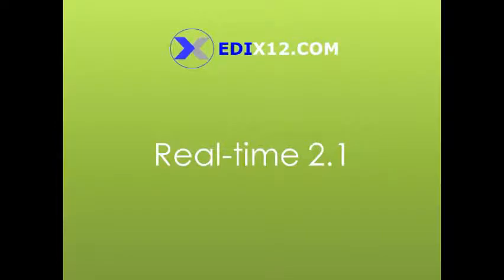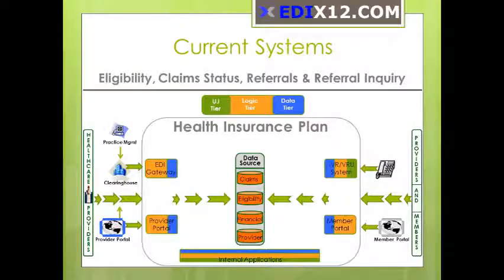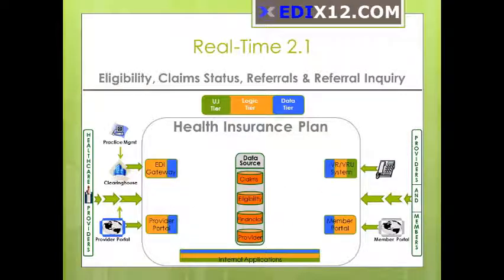Now let's look at Real-Time 2.1, a cloud-based approach. Let's once again picture the current system, assuming it is based on N-tier architecture. Now how do we convert that into a cloud-based Real-Time 2.1?